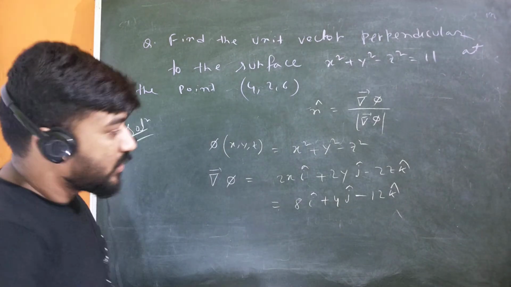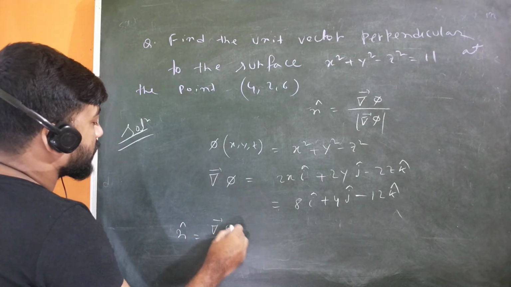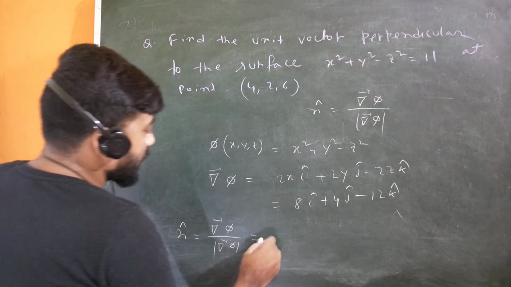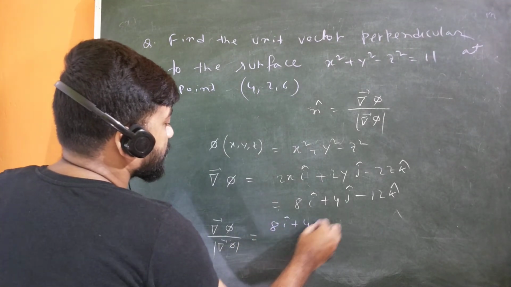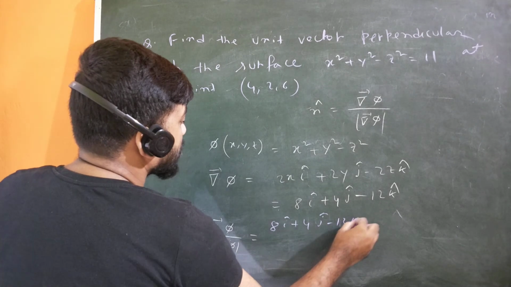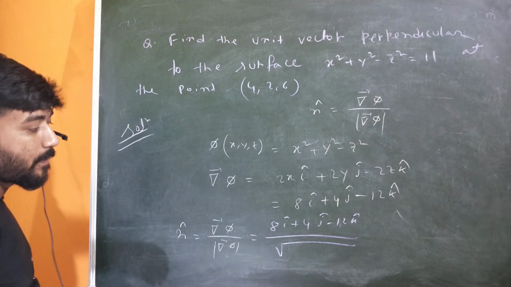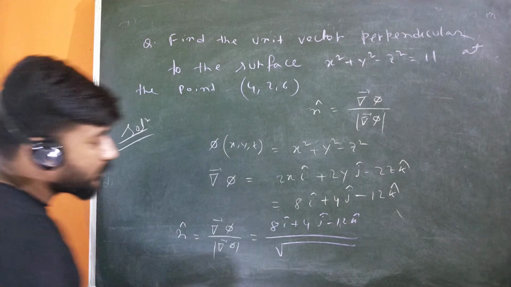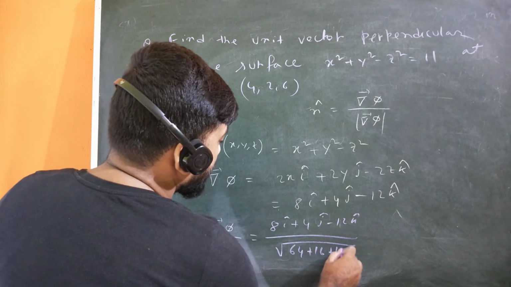Okay, now you can find the unit vector, that is grad phi divided by mod grad phi, and the grad phi is here 8 i cap plus 4 j cap minus 12 k cap, divided by root of what will be the value? It will be 64 plus 16 plus 144.